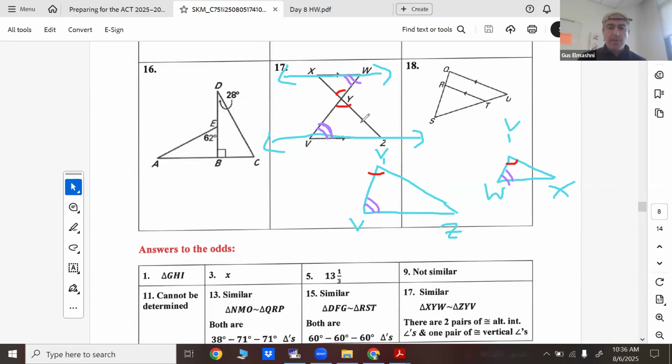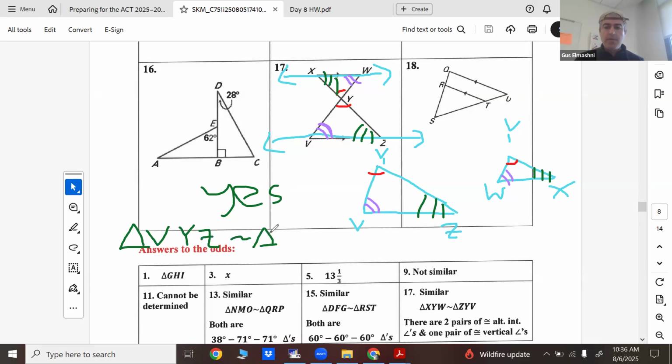So just do my best to color code here. Those are also alternate interior angles. So it's really a close tie to parallel lines. So the answer is yes, again. And you can write it like this. I mean, there's not just one way to write it, but you have to make sure it's consistent.